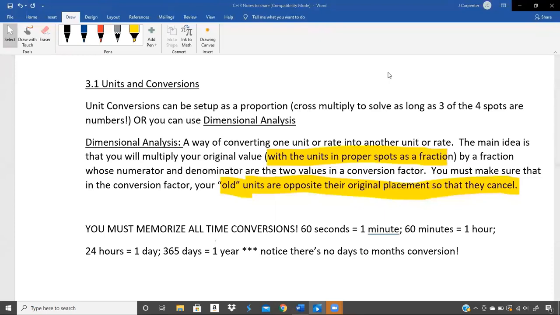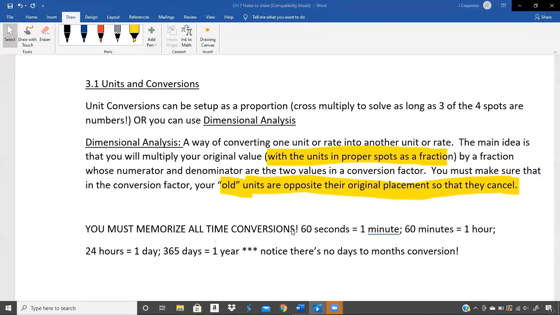Because how many days are in a month? Well, January's got 31, February's got 28 or 29, March has got 31, April's got 30, et cetera, et cetera, et cetera. So there's no consistent answer. So we should not be using the days in a month to convert to months because there's absolutely no consistency. So these are the ones that you'd have to memorize.